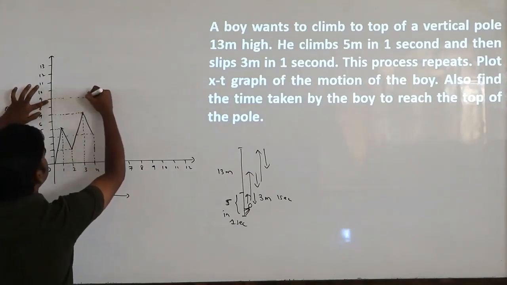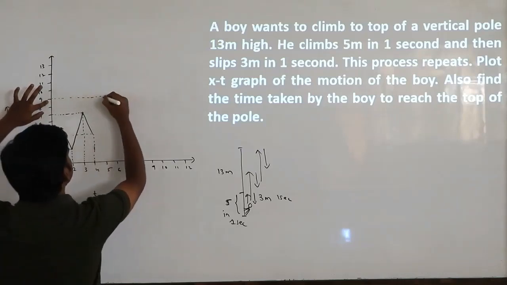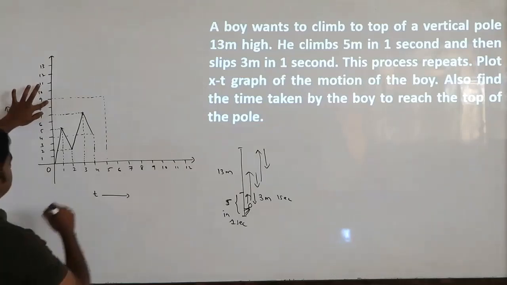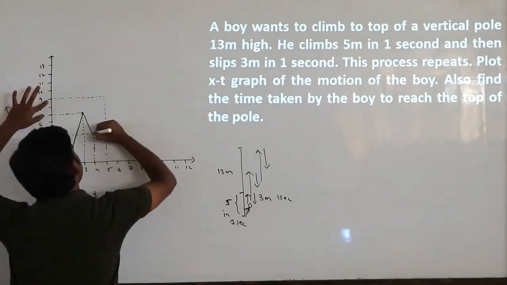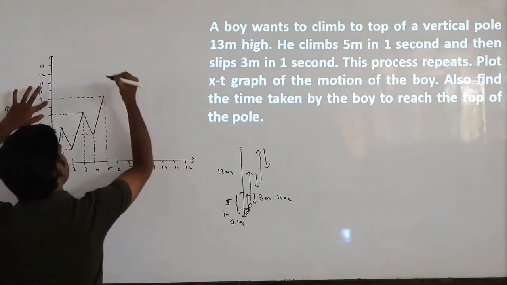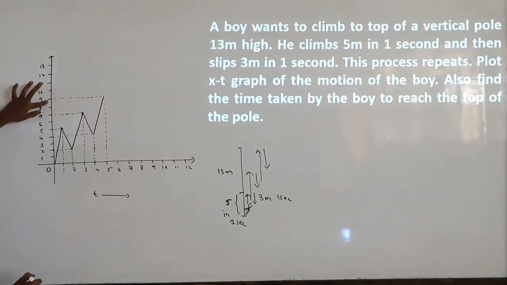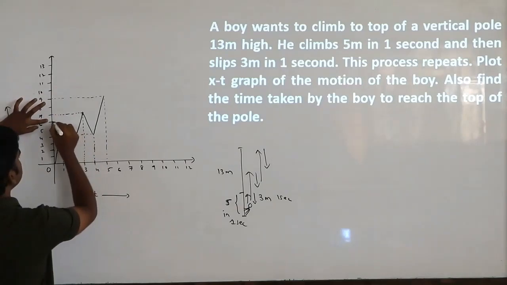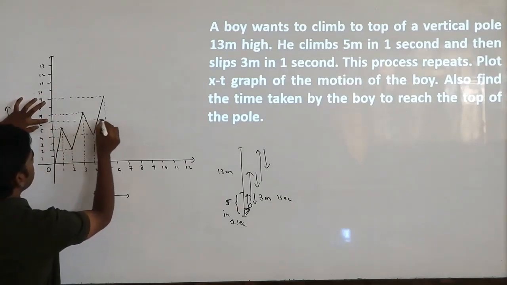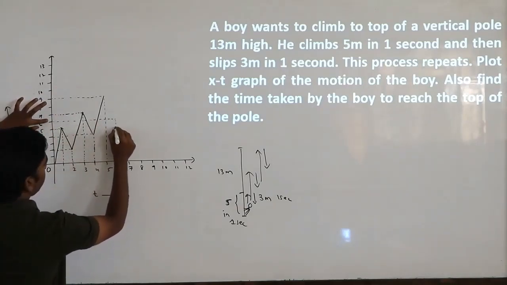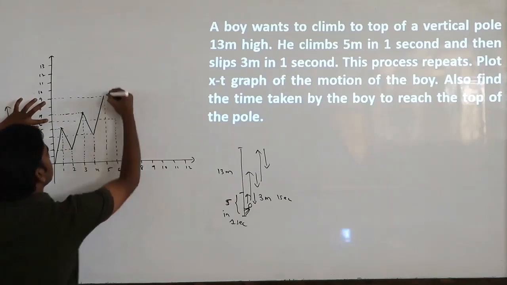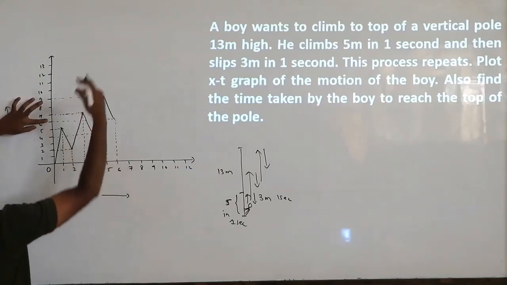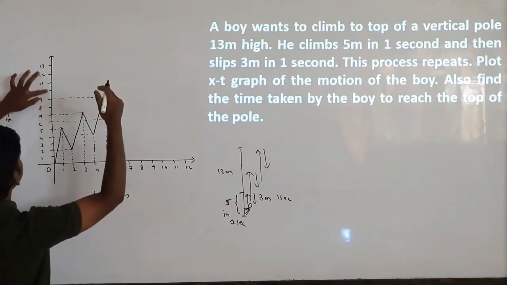Oh my God, it will take a lot of time. Okay, so you will go here. Again for the next 1 second, from 5 to 6 you will come down for 3. 1, 2, 3. Again for 6 to 7 you will go forward for 5. 1, 2, 3, 4, 5.